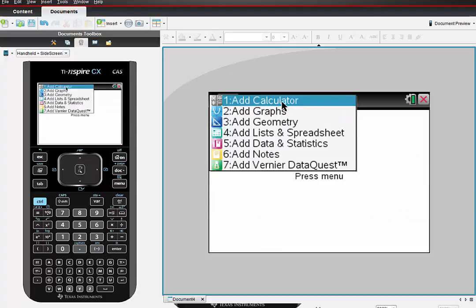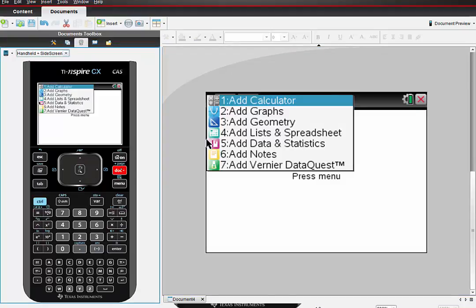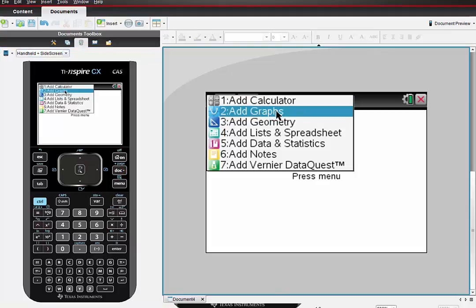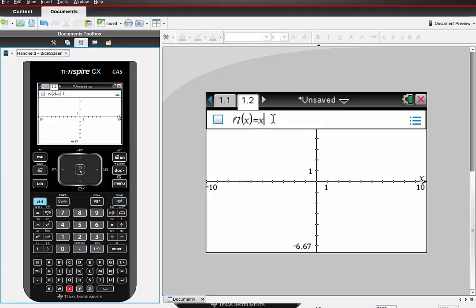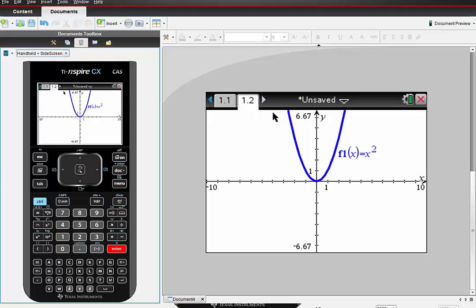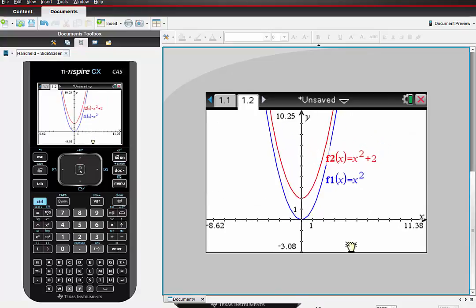If we add a page graph, and we say x squared, and again we'll use the example x squared plus 2, we can see that these two graphs don't seem to be equidistant.